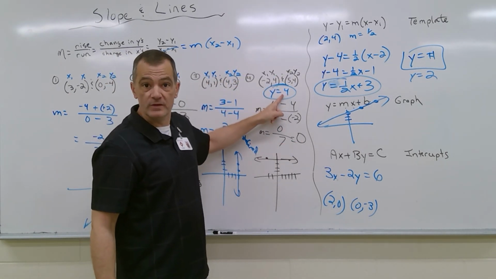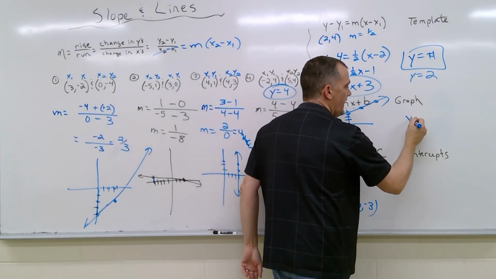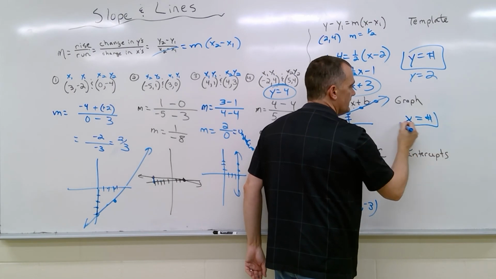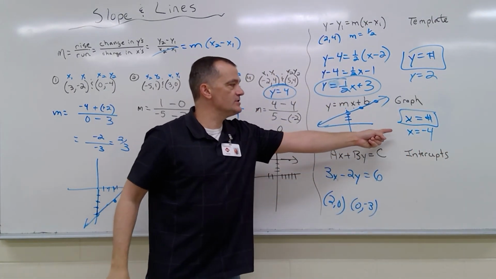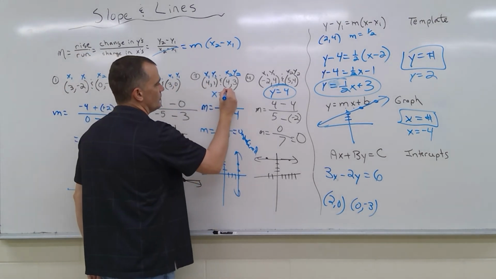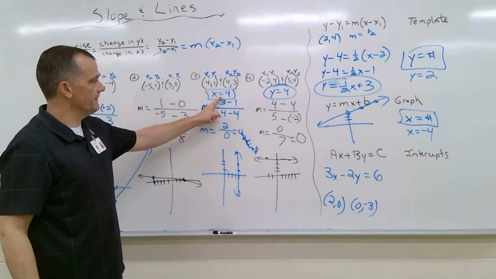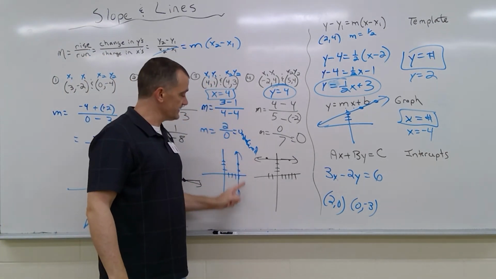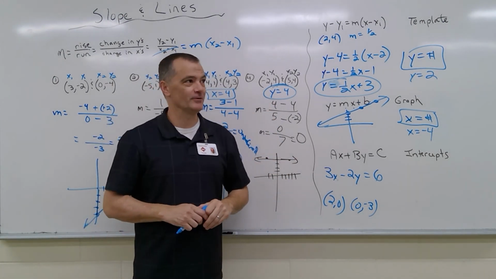You'll get this with this equation. Over here, this is another one. If we have x equals a number, like in this case x equals -4, that's the equation of a vertical line. Like in this case, x equals +4 is our equation for this vertical line. Notice that the vertical line does not contain the y value. The horizontal line does not contain the x value.